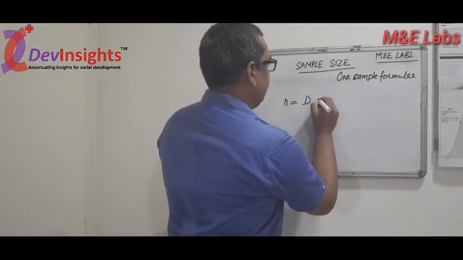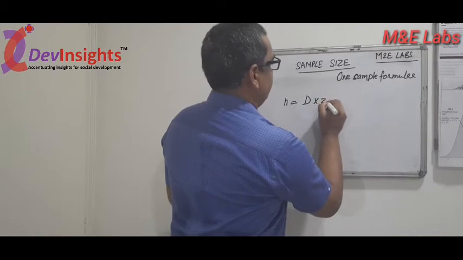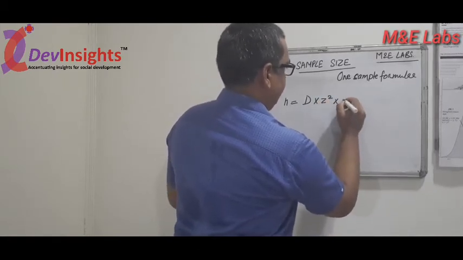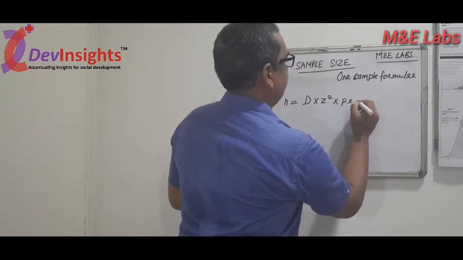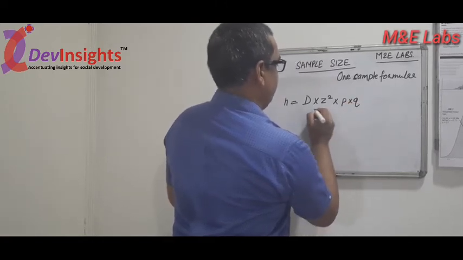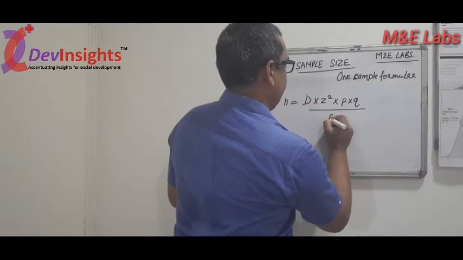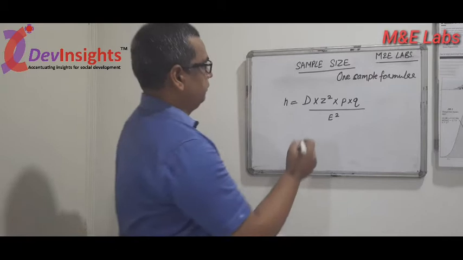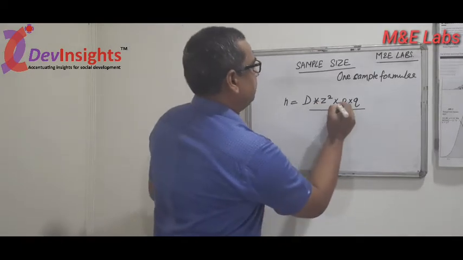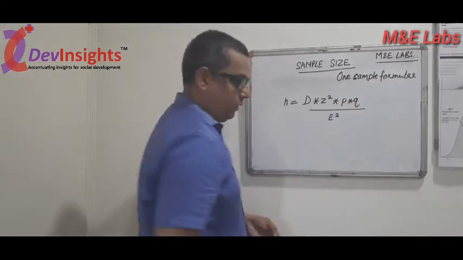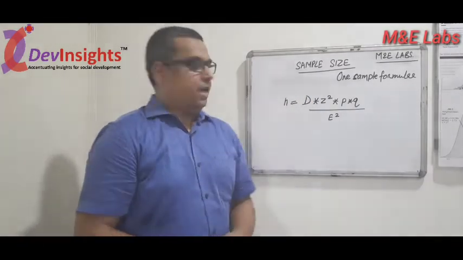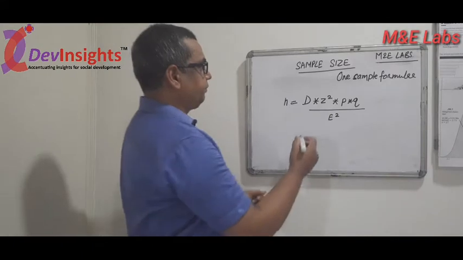N equals D into Z square into P into Q upon E square, right? Now let's understand what these symbols are.